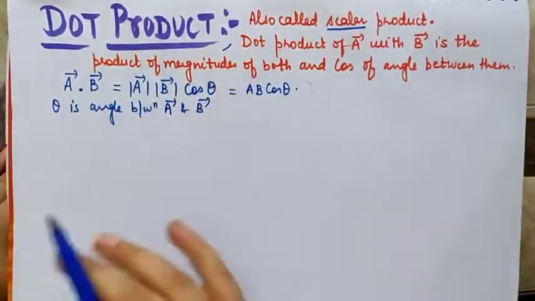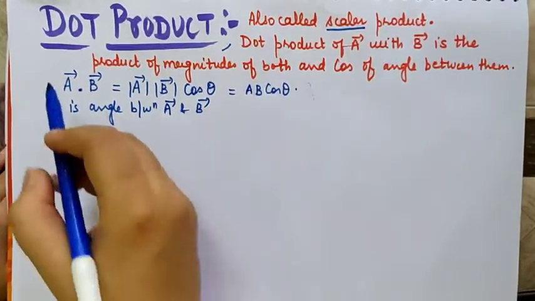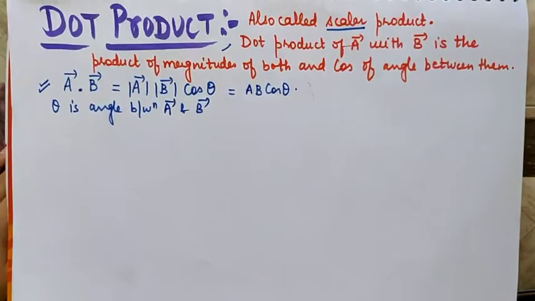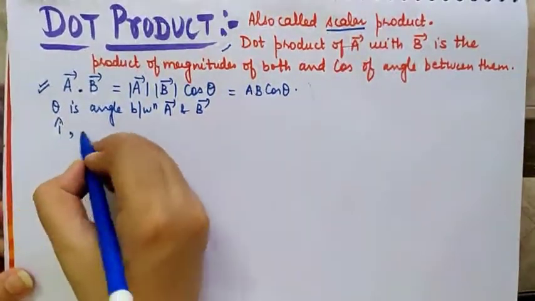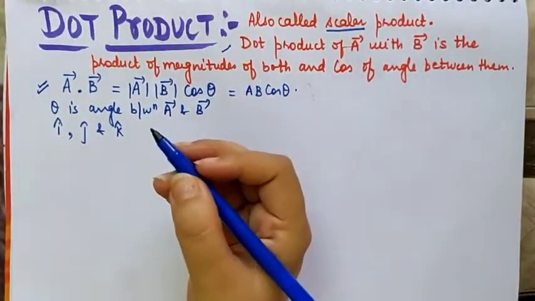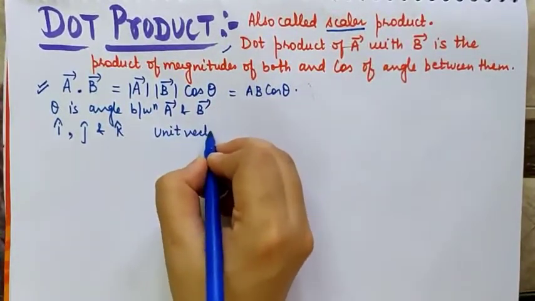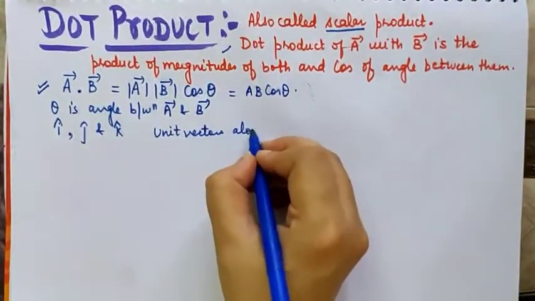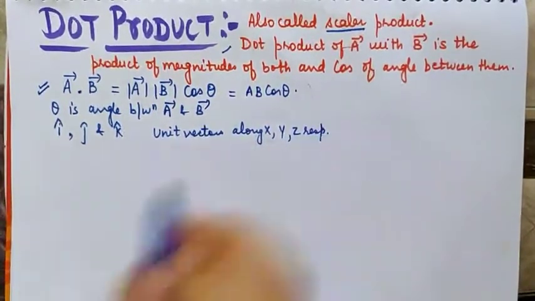Now coming to more detail of this topic, we can discuss it in the case of some decided vectors. We know i cap, j cap and k cap are the three unit vectors. Unit vectors in what direction? Unit vectors along the x-axis, y-axis and z-axis respectively.